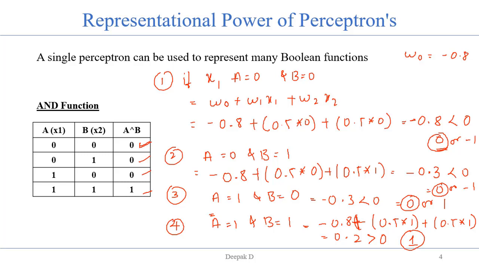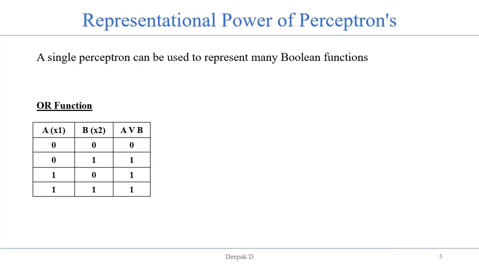Let's see the OR function. As we have done with the AND function, similarly we compute the values for the OR function. The representation of the perceptron for the OR function is represented like this. A and B are the two inputs, represented as x1 and x2.